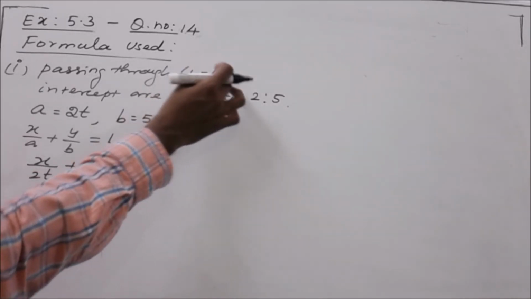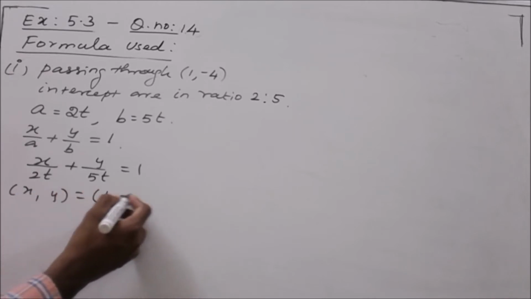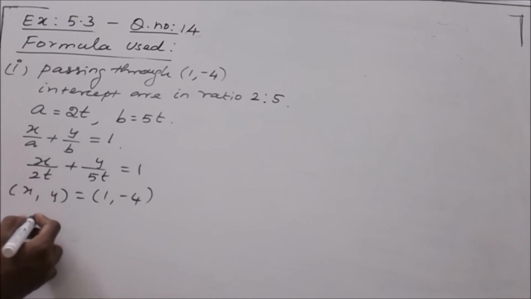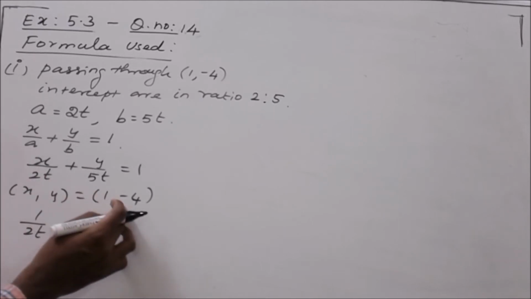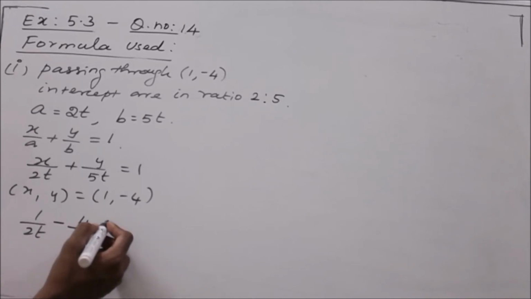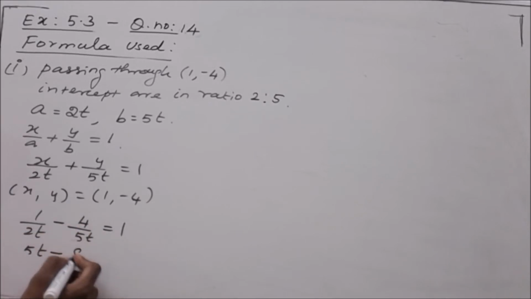Given it passes through (1, minus 4), instead of x and y substitute 1 and minus 4. So 1 by 2t plus minus 4 by 5t equal to 1. Now cross multiply this, we get 5t minus 8t by 10t square equal to 1.